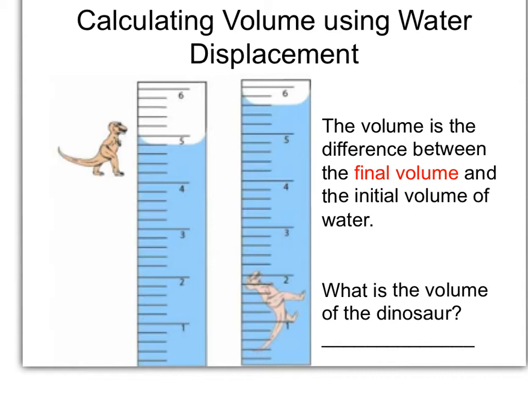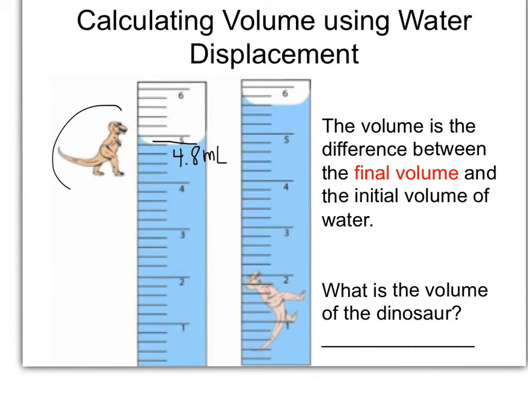So if we take a look at the example on this slide, we have a dinosaur and we have a graduated cylinder that has a volume of 4.8 milliliters.